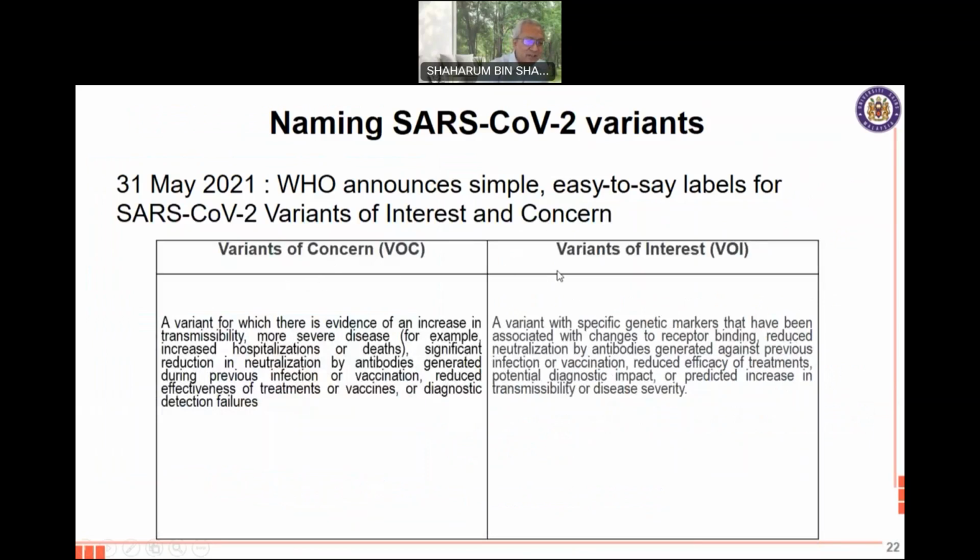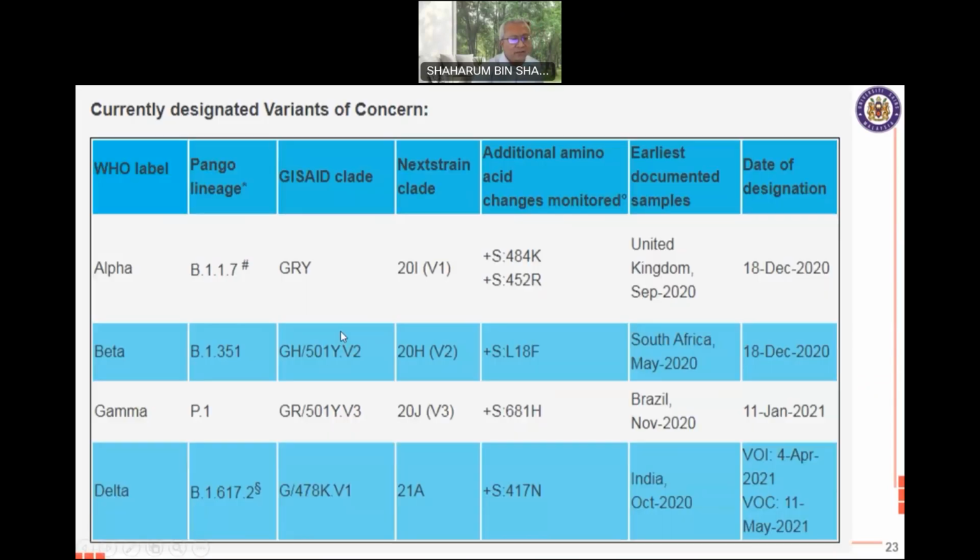The variants of concern are the list of variants that are severe, that put people in hospital, and also show irregularities and are hard to detect. At that time there were around 5 or 6 VOCs.